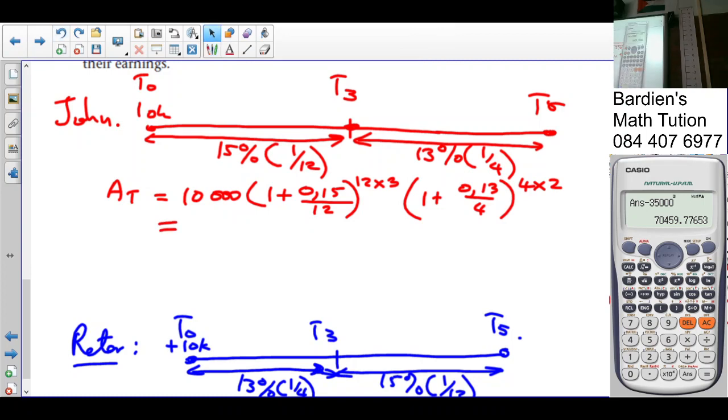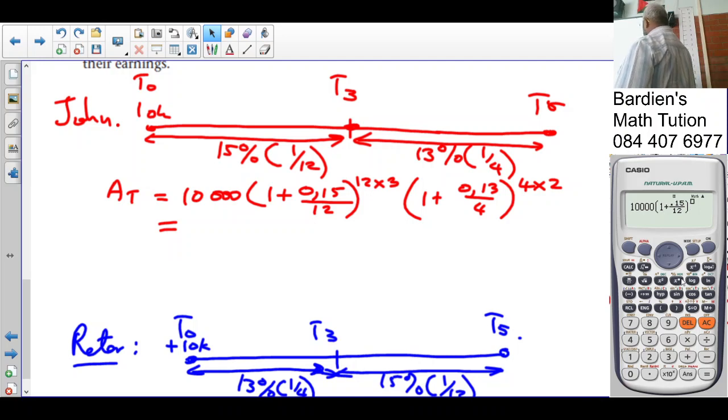The other one I will do with the other method, okay? So it's going to be 10,000 into 1 plus 0.15 over 12 to the exponent 12 times 3, times 1 plus 13% over 4 compounded quarterly to the exponent 4 times 2.